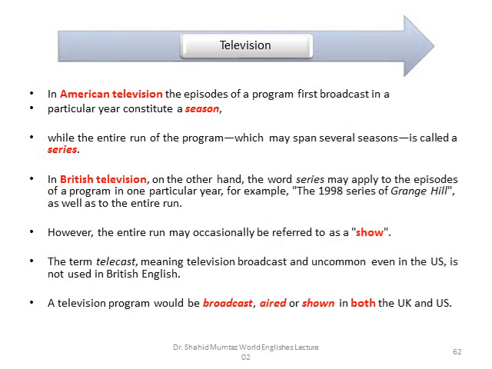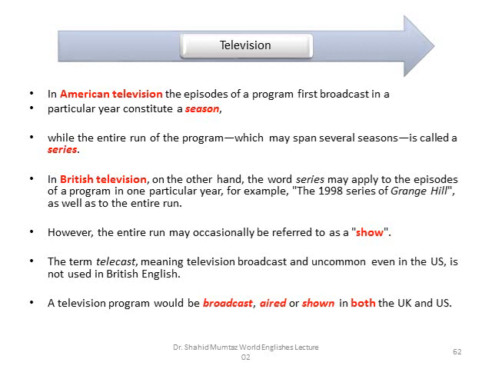All right, television. In American television, the episodes of a program first broadcast in a particular year constitute a season. So there are some episodes of a program in a particular year, and that is a season.